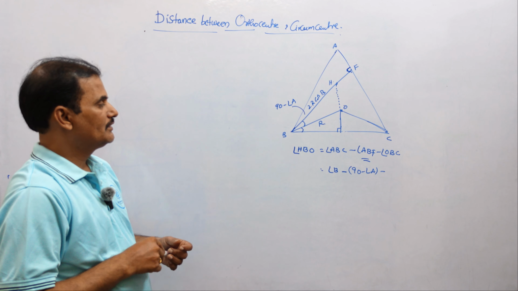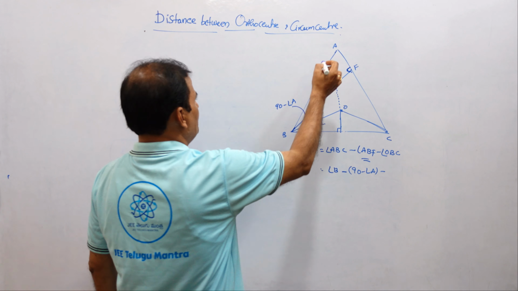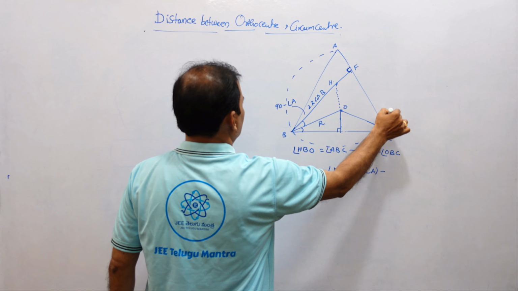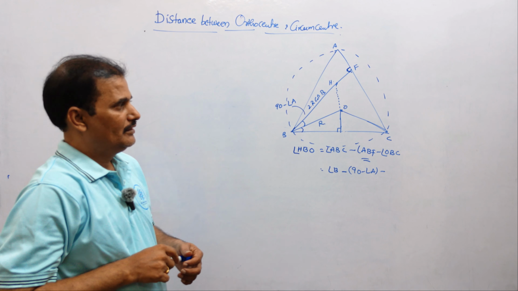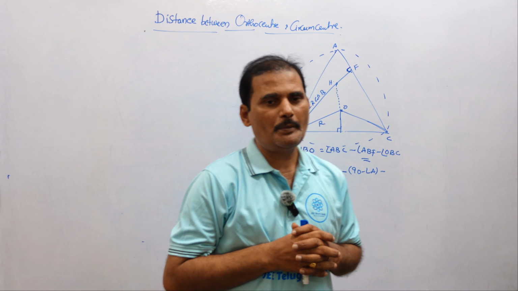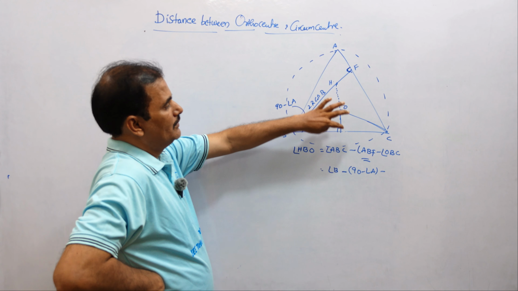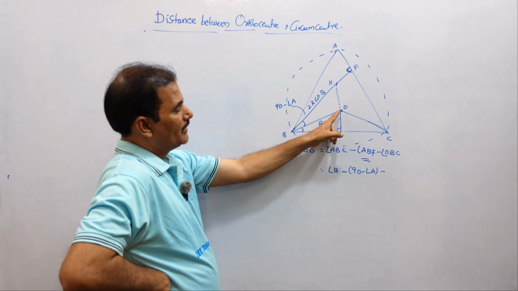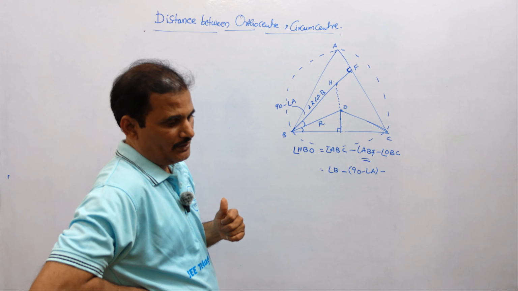For this, we apply one theorem. Suppose you draw a circle here, the circumcircle, because the circle passes through the vertices of the given triangle ABC. Now we know that the angle made by the arc at the center is double the angle made by the arc on the remaining part of the circle.